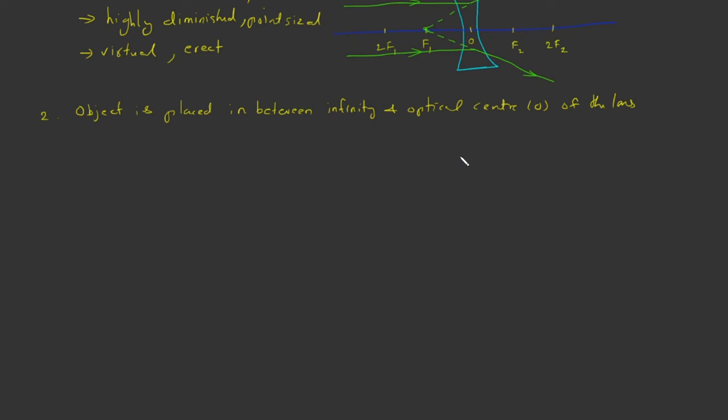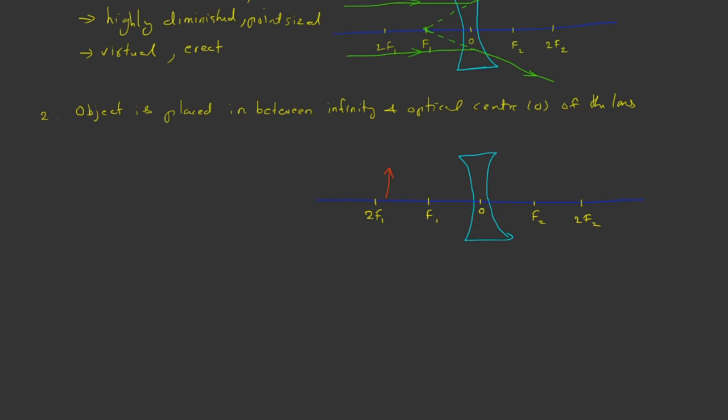For that, we can draw a concave lens. Draw the principal axis. Mark the positions of optical center O, F1, 2F1, F2 and 2F2. Here the object is placed in between infinity and the optical center.